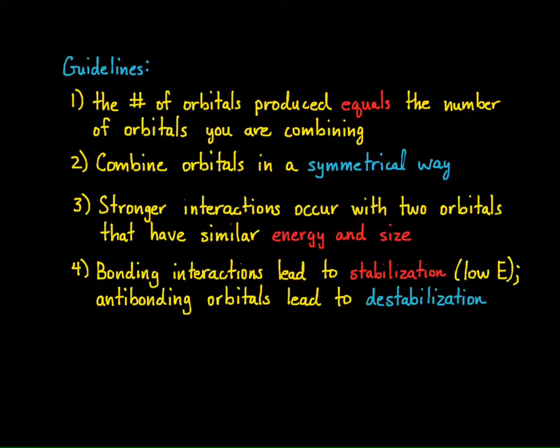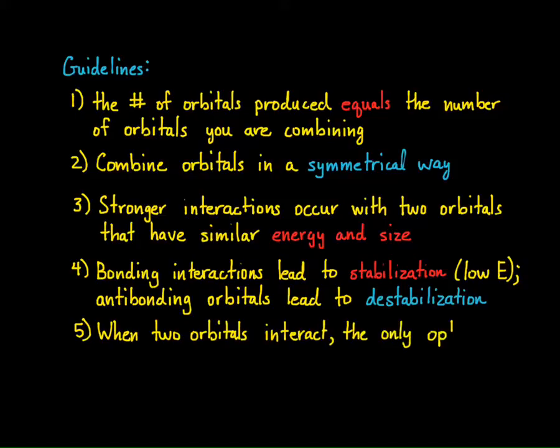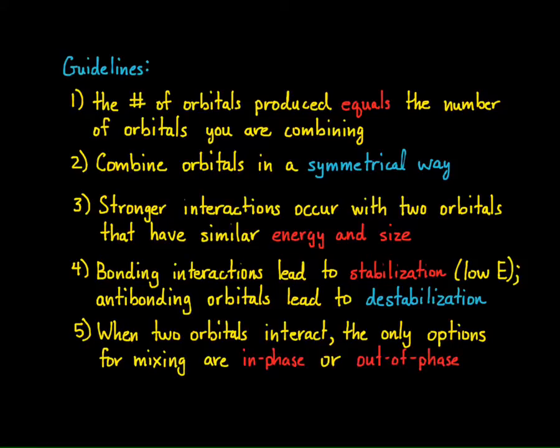Or I should say, when we populate bonding orbitals, we stabilize. When we populate antibonding orbitals, we destabilize. Populate by electrons. The fifth is that when two orbitals interact, the only options for mixing them are in phase or out of phase. So you can add them or you can subtract them, just like we saw with hydrogen.